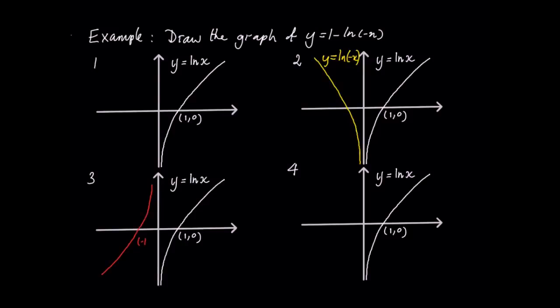And we should put on (-1, 0) as the coordinates there, and in the second diagram too. So that's y equals minus log of minus x. In the final figure, we'll translate the graph that we've drawn in figure 3 vertically by 1 unit.